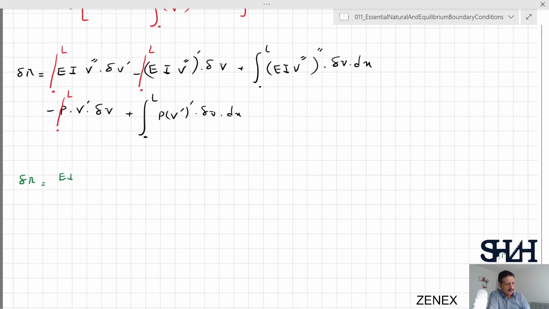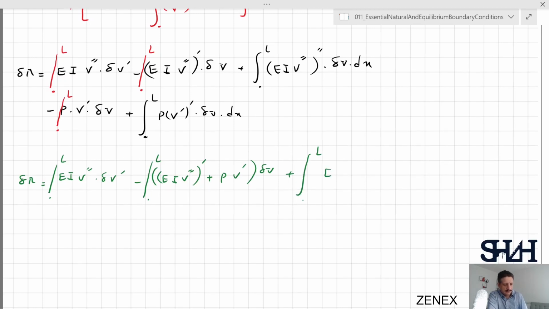So it will be EI v'' delta v' from 0 to L, this is only one, minus from 0 to L of EI v''' plus P v' times delta v, and then plus integration from 0 to L, they are the same delta v and dx, so I can put them together, plus P v'' delta v dx.